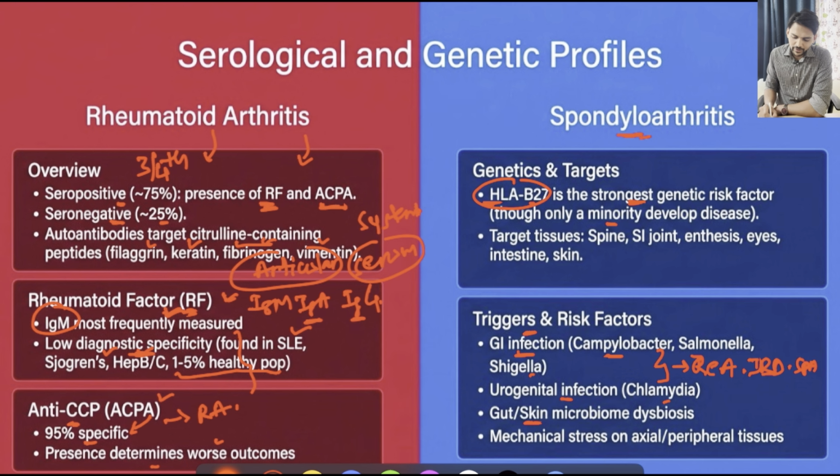Whereas gut or skin microbiome dysbiosis can lead to the development of psoriatic arthritis. And repeated mechanical stress on axial or peripheral tissues might also act as a trigger, leading to development of axial or even peripheral spondyloarthritis. So all these variants we will be dealing with in the upcoming slides.